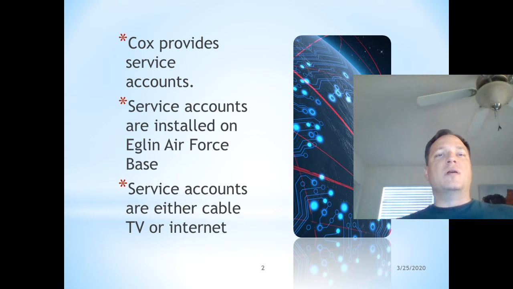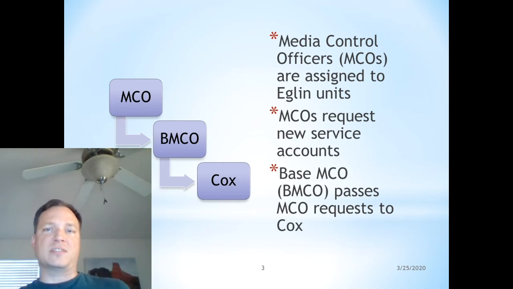So these accounts that are installed of either cable TV or internet are called service accounts. Cox installs these service accounts upon request by Eglin units. The people requesting these new service accounts or changes to service accounts are known as media control officers.